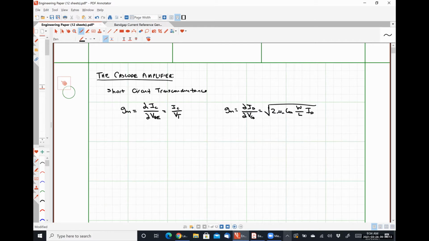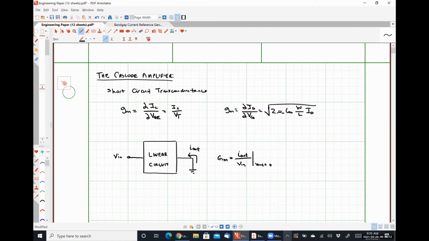So generally speaking, if we have a generic linear circuit where we apply some input voltage, we can define the transconductance of this circuit as capital GM is equal to the output current divided by the input voltage when we short out our output terminal.